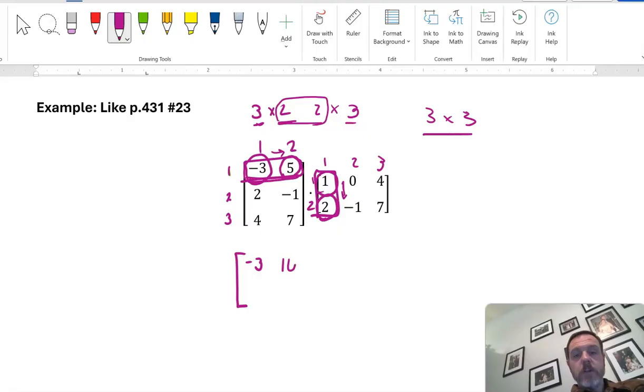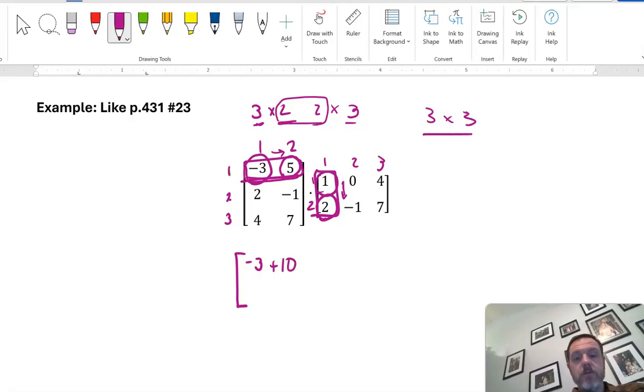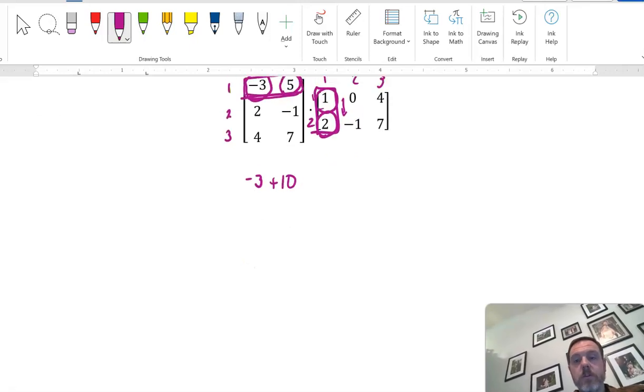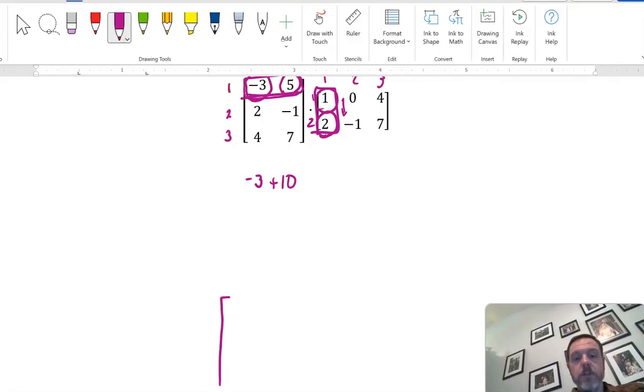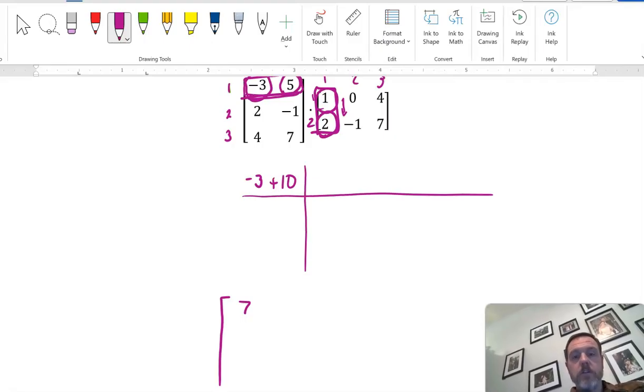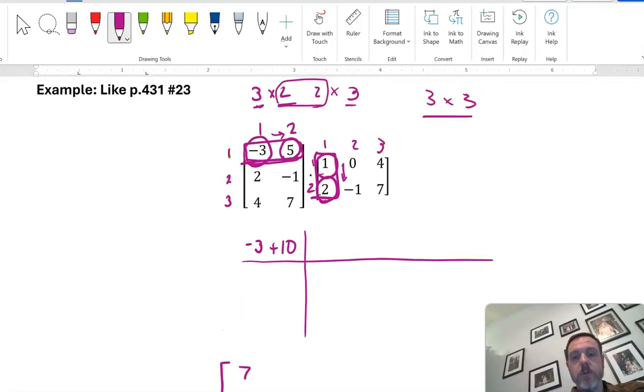We're adding those together, and the first one is 7. That one is done. Now let's just move across the top.